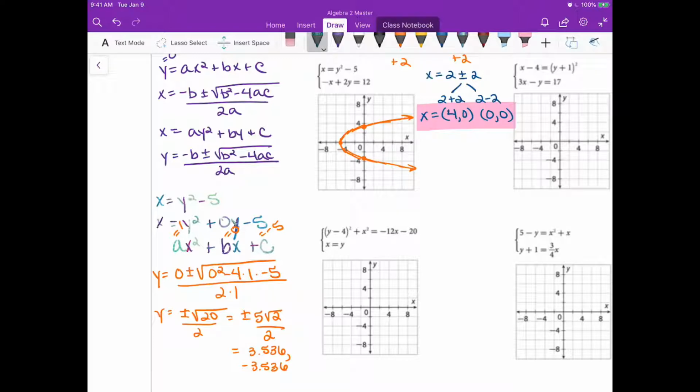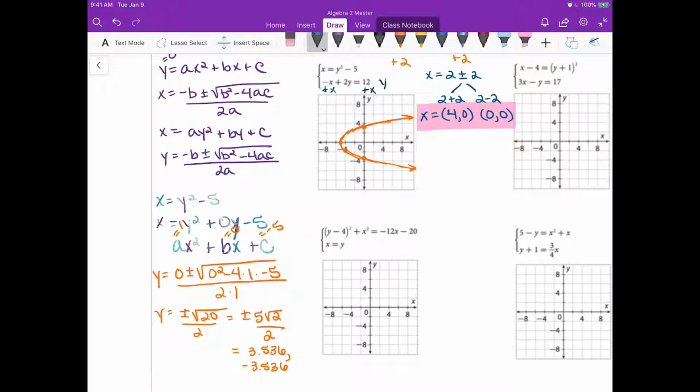And then we have a more complicated linear equation up here. So negative x plus 2y equals 12. And so we can see that negative x plus 2y, we would solve for y, so plus x, and divide by 2.